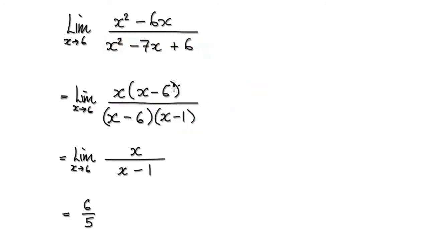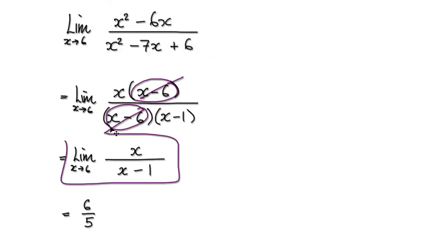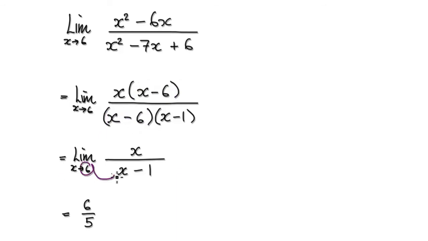And then notice that these two are exactly the same. So now they cancel each other out, leaving you with this. Now you can put a 6 into here without it breaking down. So that will then be 6 take away 1 would be 5, and then put the 6 into here. So here nothing breaks down. You're not dividing by 0. So it's a legitimate answer. So the answer here, the limit, is actually 6/5. Okay.